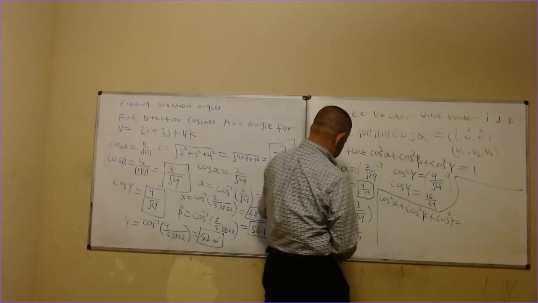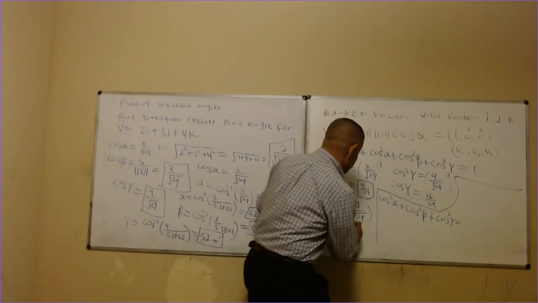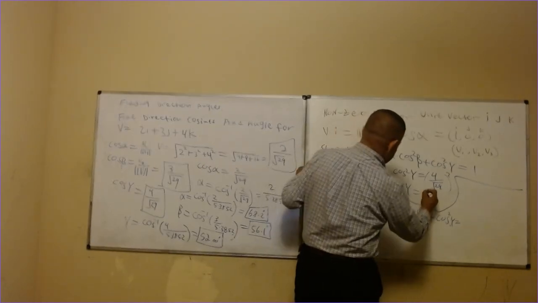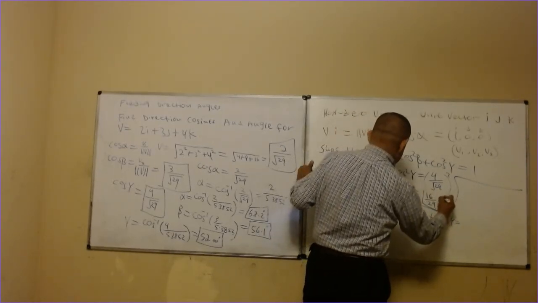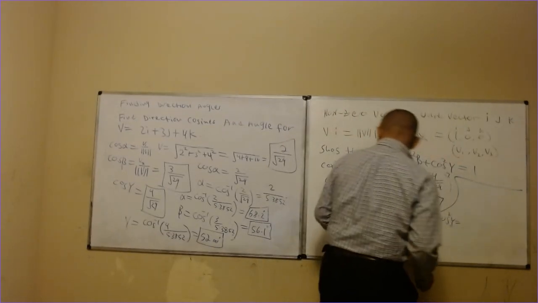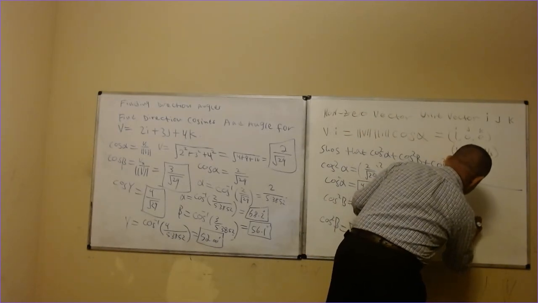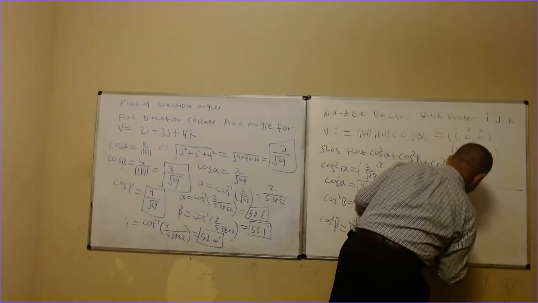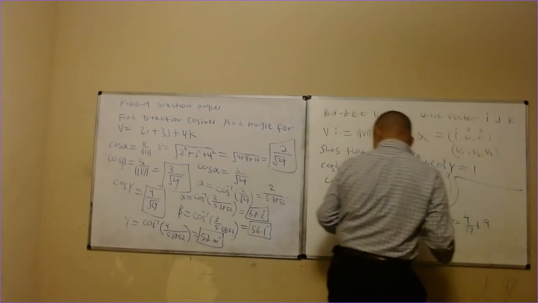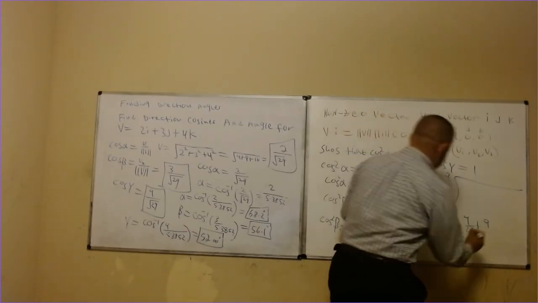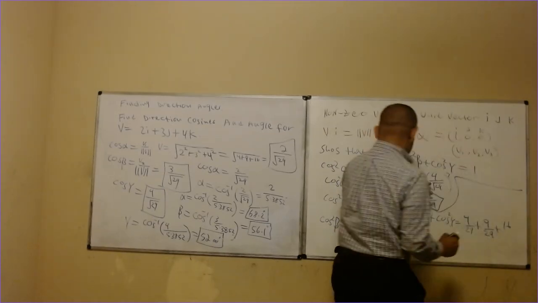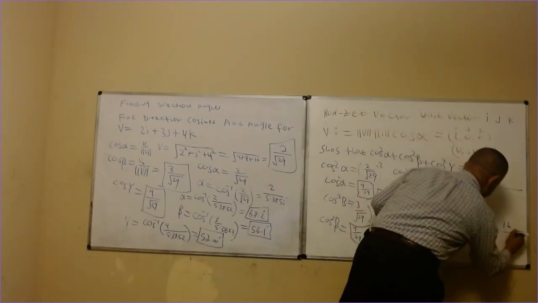So we get 4 over 29 plus 9 over 29 plus 16 over 29.